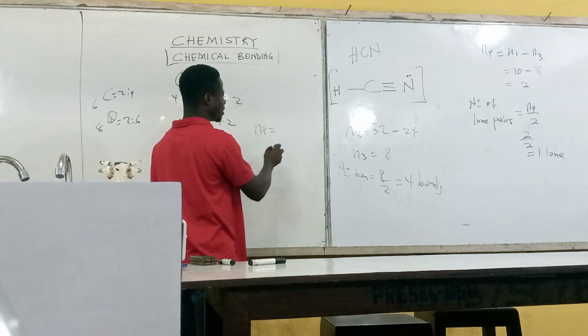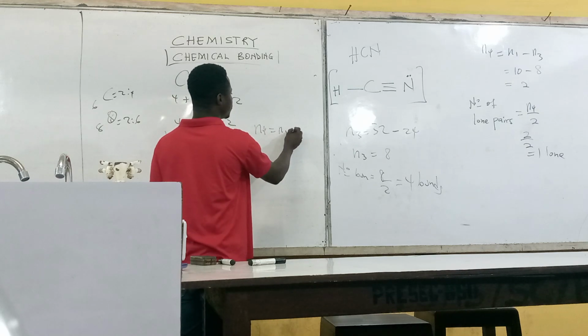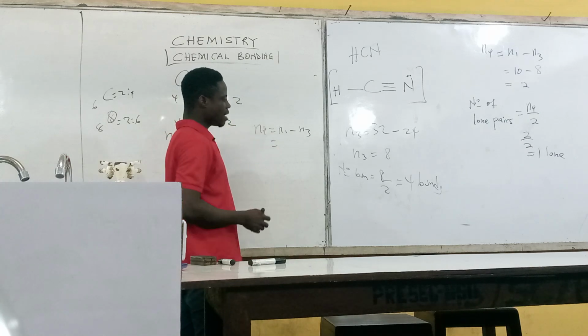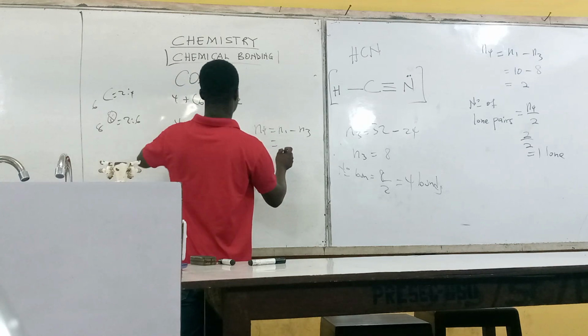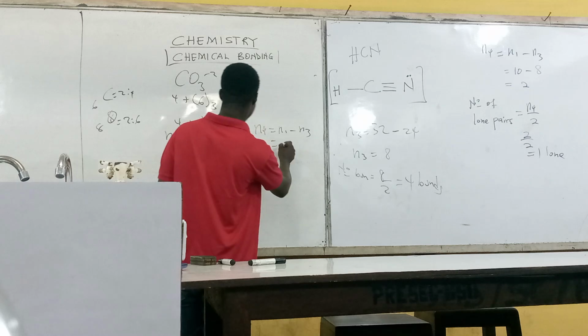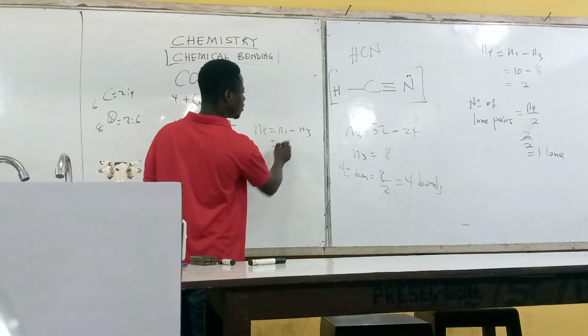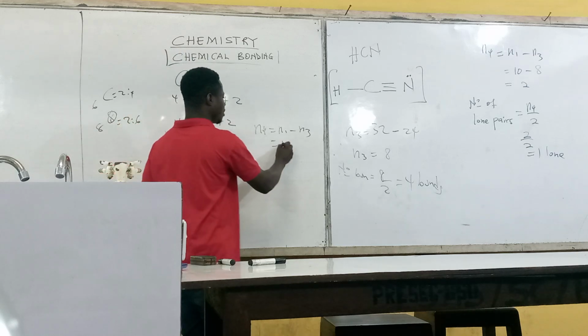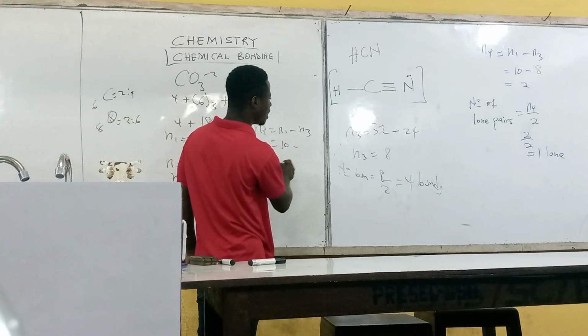N4 will give us N1 minus N3. We had N1 to be 24, then N3, we had N3 to be 8.